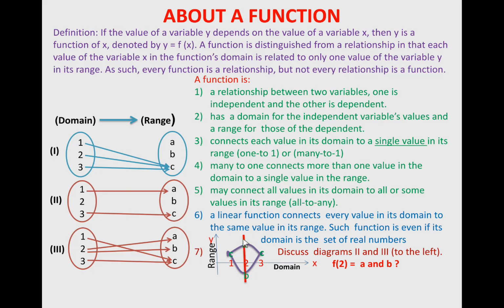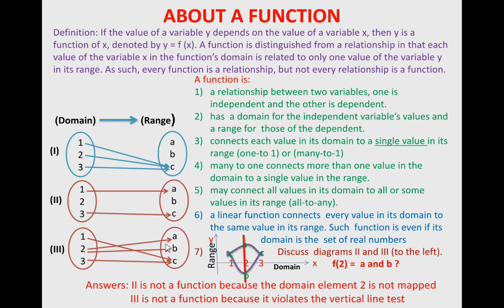Why? Because the value of y is ambiguous, at least for the number 2. f of 2 is ambiguous, and that's why it's not a function. Because you can say, okay, 2 is mapped to a or 2 is mapped to b. So that's ambiguity. Okay, that's it.